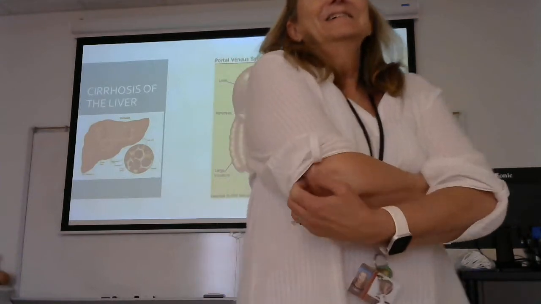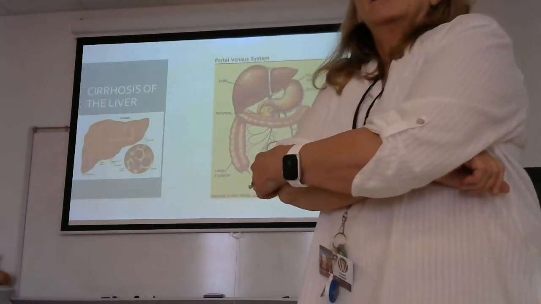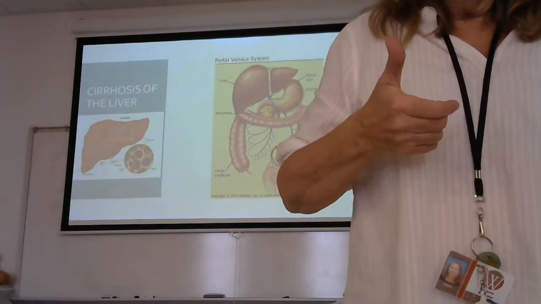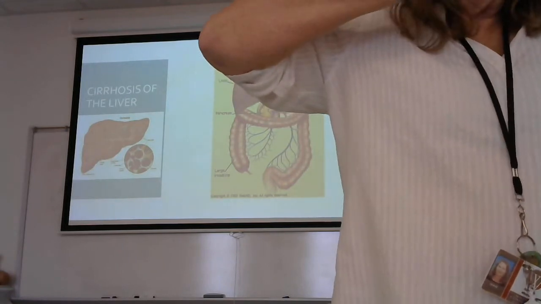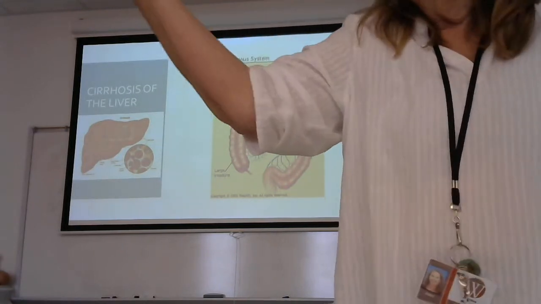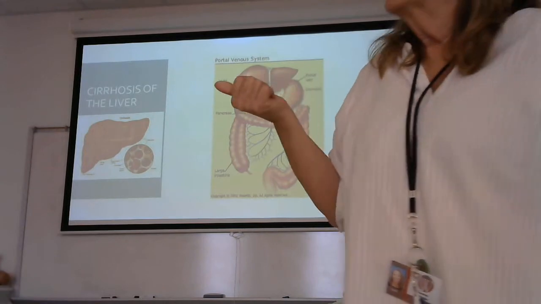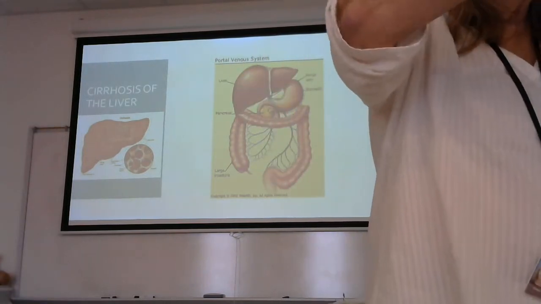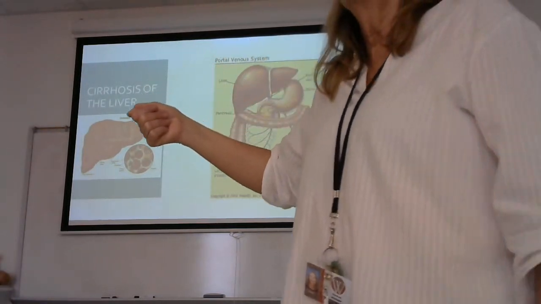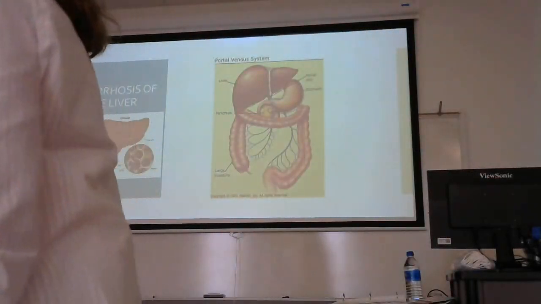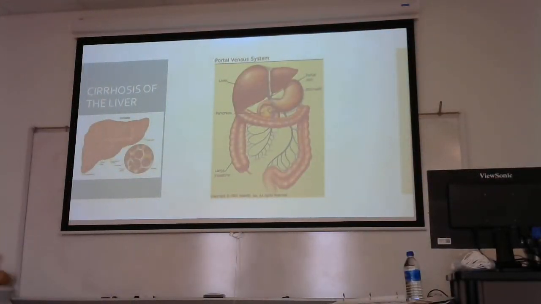Okay. So think about a hose. If we put our thumb across the end of it, it makes it squirt out hard, right? So it's kind of like that liver is stopping that blood flow from getting through there because it can't get through that liver. So the pressures are going up.